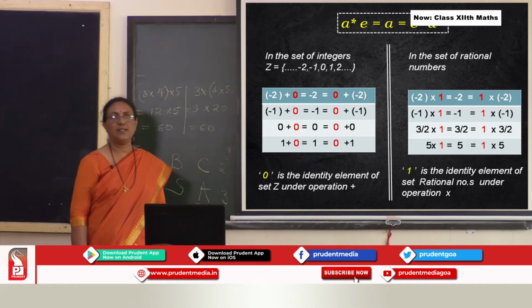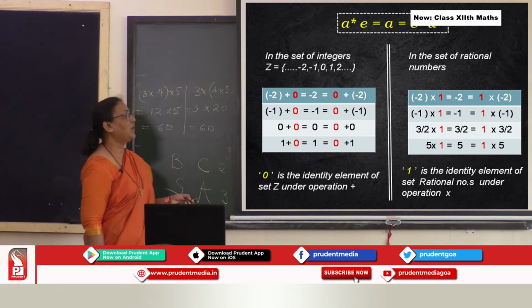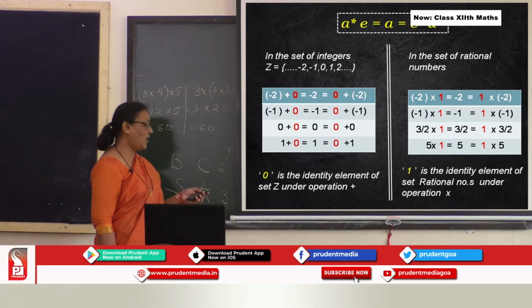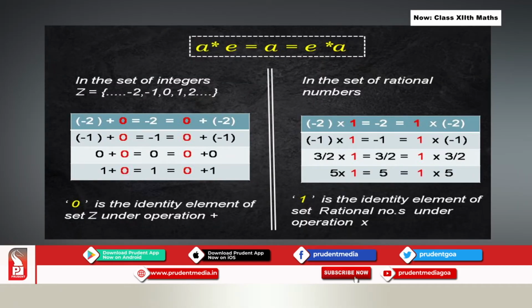Next, one more example. In the set of rational numbers, I have taken one more example here. Previous one was integers, these are rational numbers: -2, -1, 3/2 and 5. Here it was addition and here it is multiplication. There the identity element was 0, here the identity element is 1.